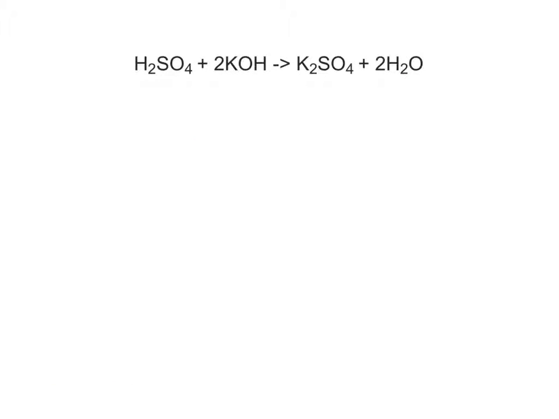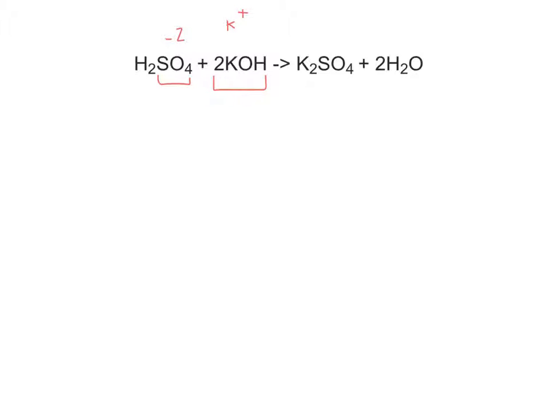So our balanced chemical equation is 1 sulfuric acid, H2SO4, plus 2 potassium hydroxides gives us 1 potassium sulfate and 2 water molecules. And remember, we needed 2 potassium hydroxides because our SO4 had a -2 charge. 1 potassium has a +1 charge, so the only way to get a +2 charge is to have 2 of those.